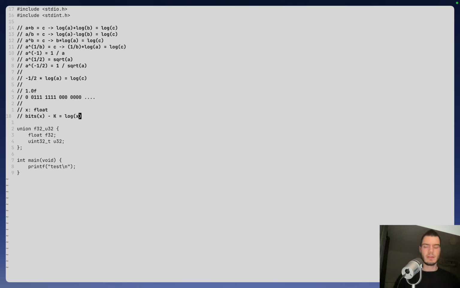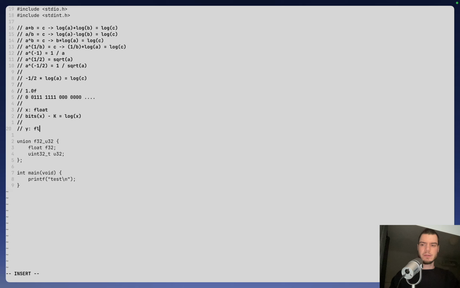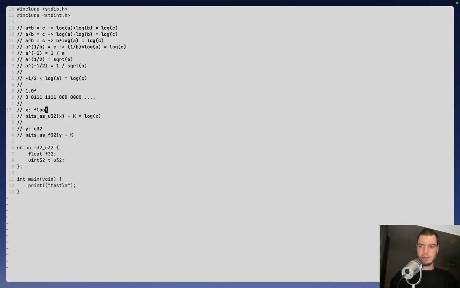Okay. And that also implies that to reverse this operation, if we have some other value y, and we do y plus some very large value, and then take the, sorry, this is actually an unsigned integer, and then we take those bits, bits as u32, and here I'm going to do bits as f32.